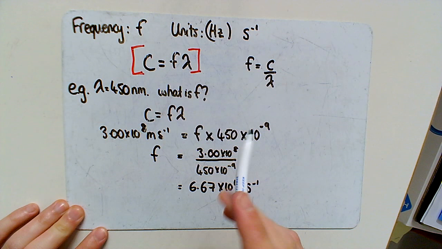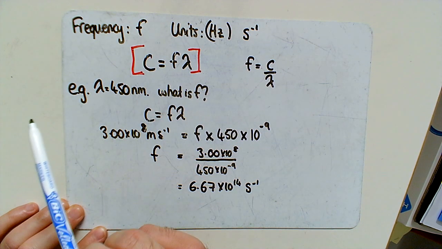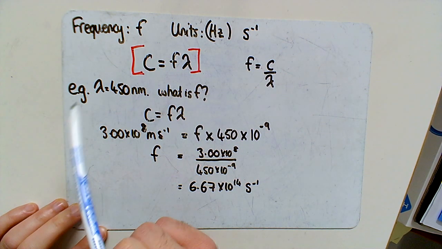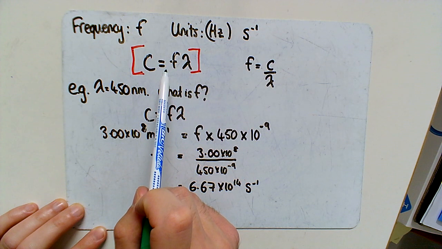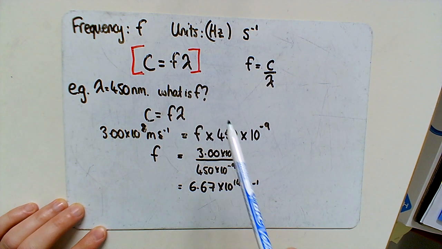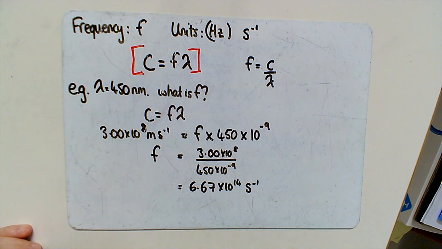We then saw that we could relate the wavelength and the speed of an electromagnetic wave to the frequency. And frequency has units of s to the minus 1, and c equals f lambda. And again, that's given in the data booklet.